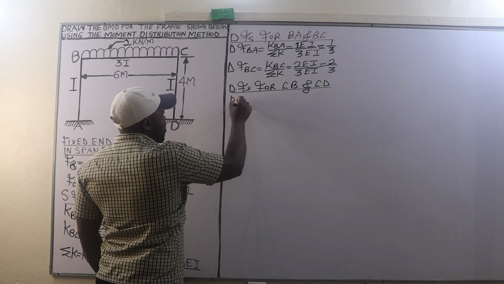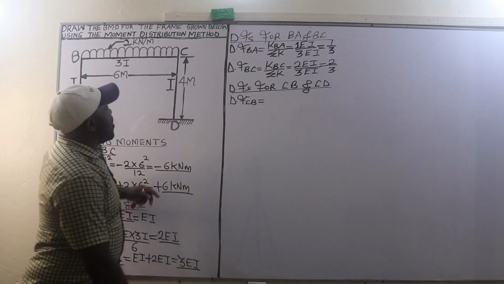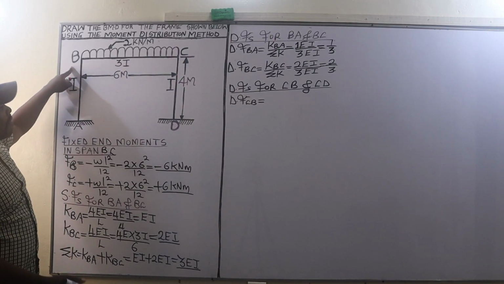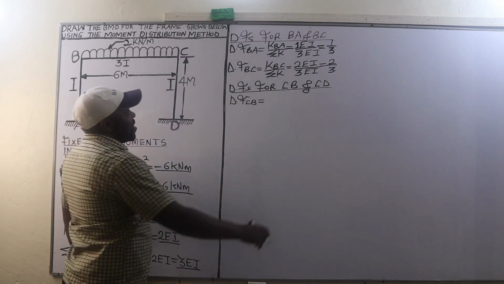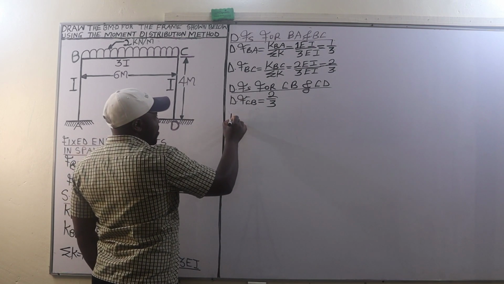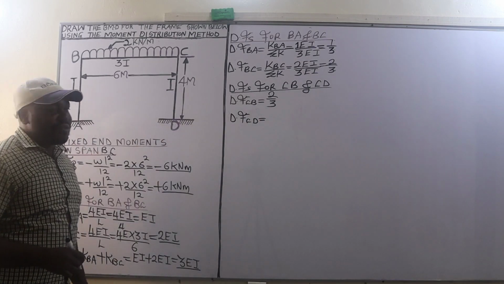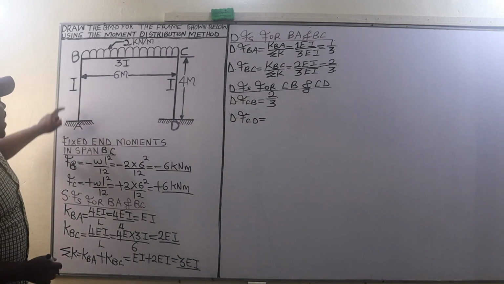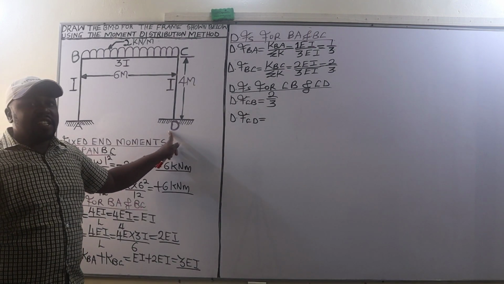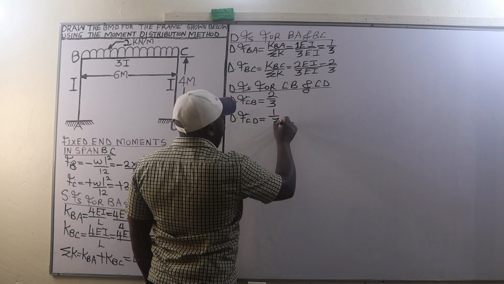That means the distribution factor for member CB will be equal to that of member BC, which is 2/3. Likewise, the distribution factor for member CD will be equivalent to that of member BA. Therefore, BA and CD have similar distribution factors, and that distribution factor is a 1/3.